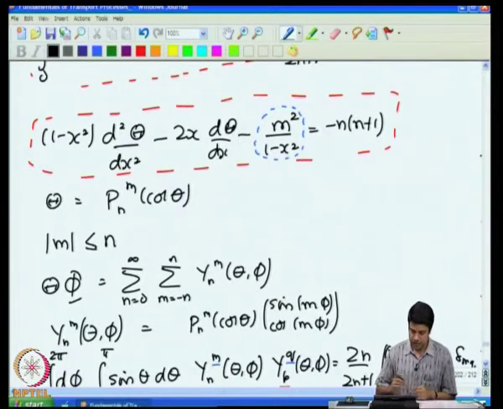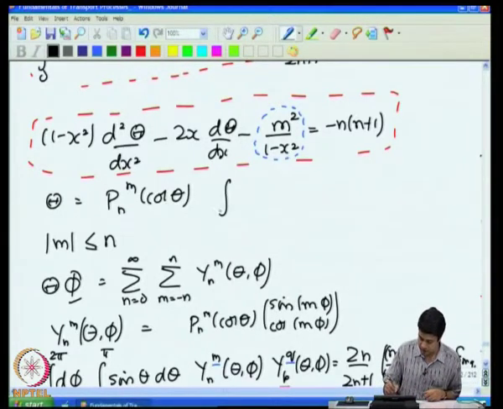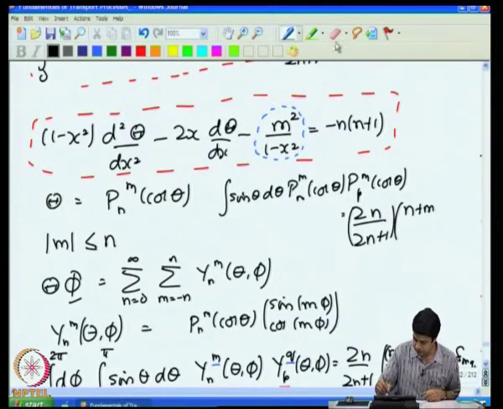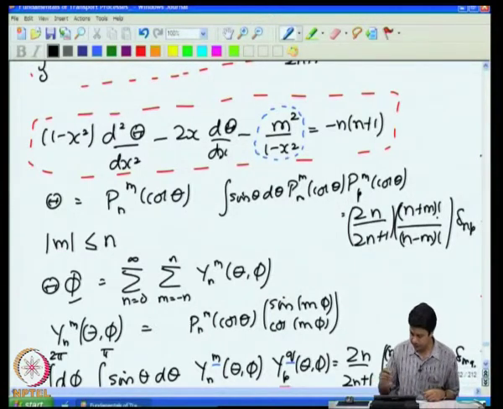These satisfy orthogonality relations, the integral of sin theta d theta Pnm of cos theta Ppm of cos theta, times delta np.